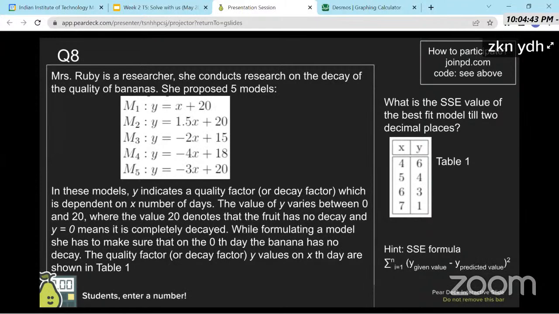So should I write 0 or 1? Integer value means you can just approximate to the nearest integer value and give the answer. Is it asking to round up or round down? Round up you can do.